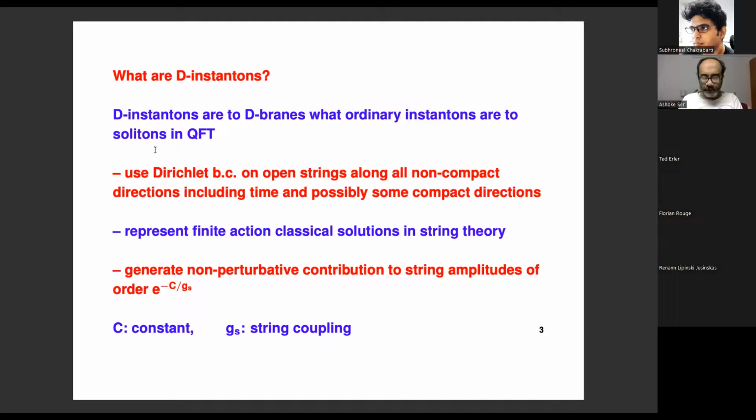Action classical solutions in string theory, just like instantons. In this sense, they are different from particles or extended objects which have infinite action.